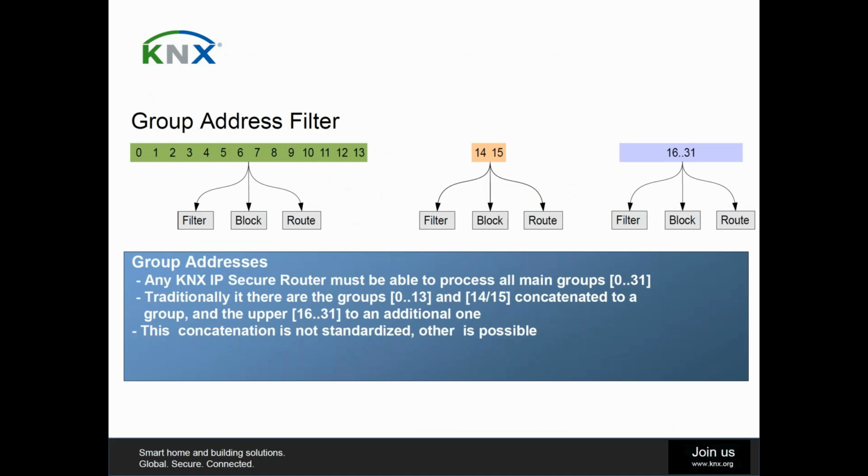And then there are, of course, some group address filters from the past. Normally we had these groups 0 to 13 for the group addresses, and 14, 15 might be very common or very well known. The new secure routers now must also support group addresses up to 31. And what we have done here in our devices, we just left it at these blocks.